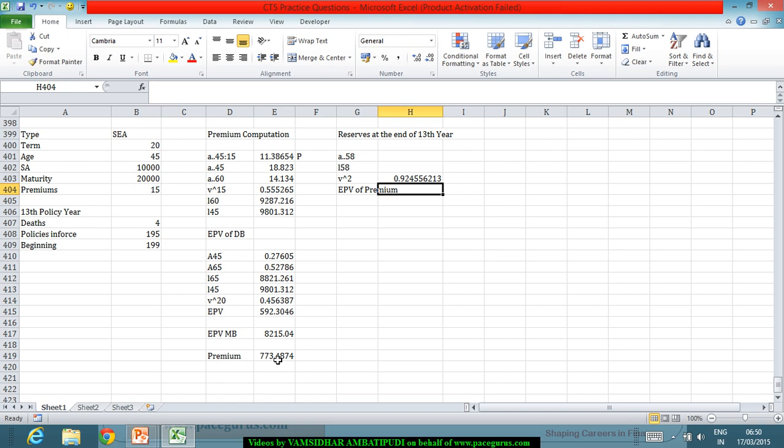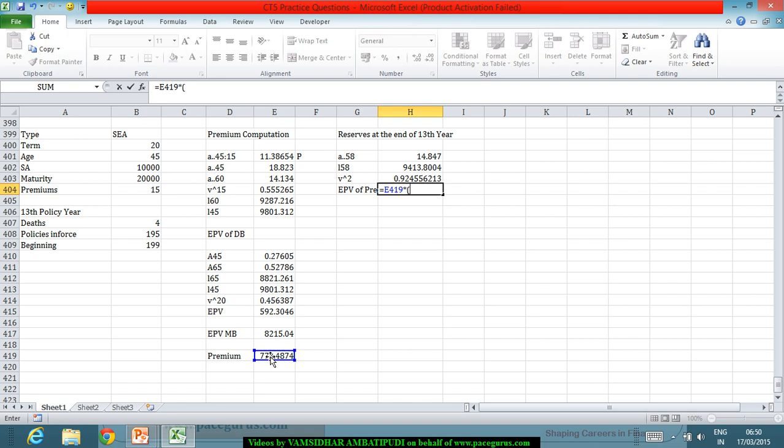ä58 for me is 14.847, and L58 is somewhere around 9413.8004. So based on this, I should be able to compute the expected present value of the future premiums to be paid.